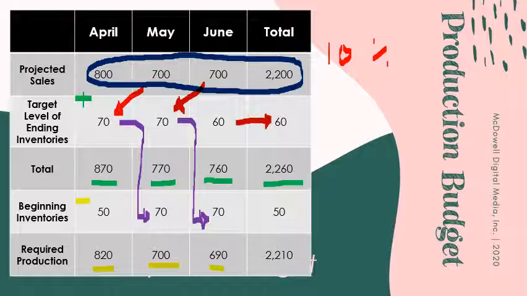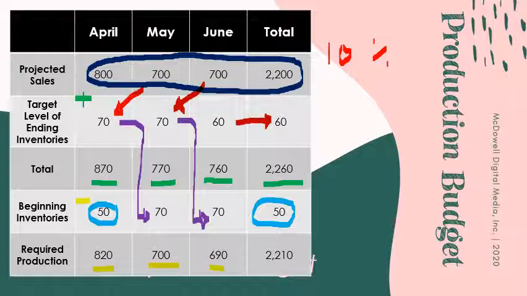And now, pagdating naman kay total, hindi mo ulit siya ito total. Okay? So, kung ano yung beginning inventories mo dito, that will be the same with your total. Okay? Kung ano yung beginning inventories mo nung una, or let's say here, nung April, that will be your beginning inventories in total.